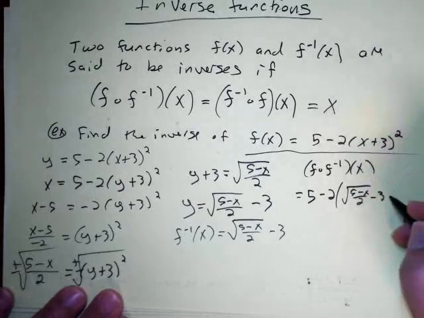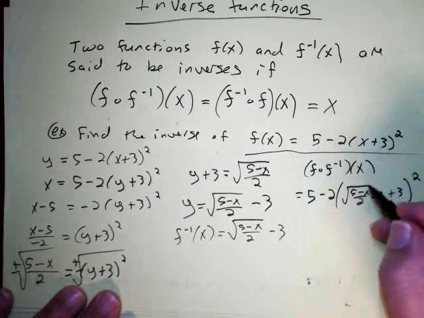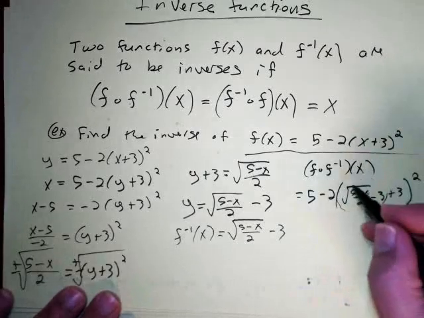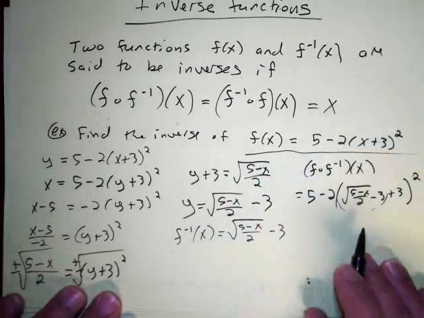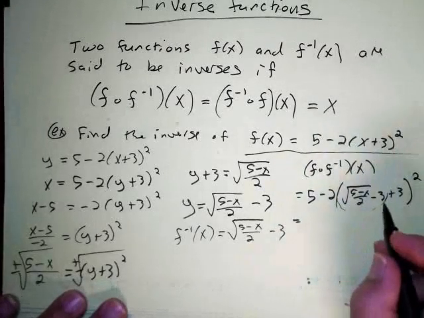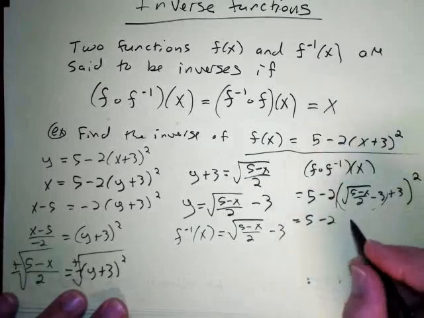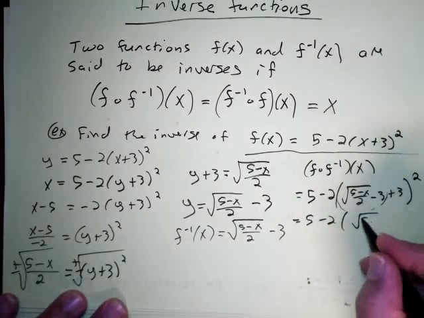So that's in for x, and then I have that plus 3, and then it's squared. So all of this is in for x. The inverse is being plugged in for x. Okay? And so the 3's cancel out, right? And I'm left with this.